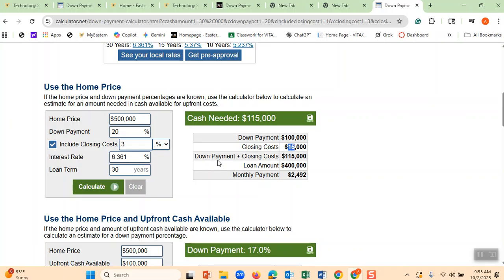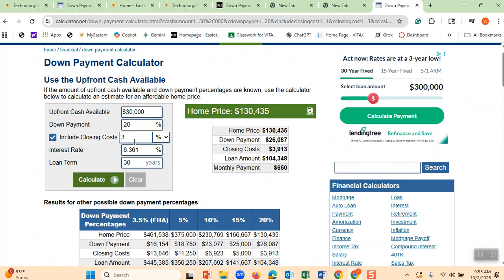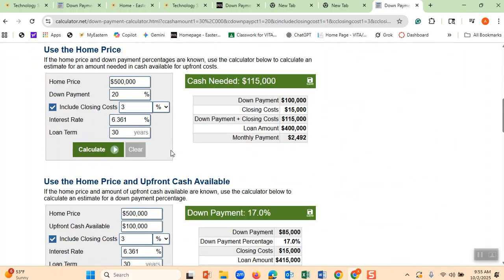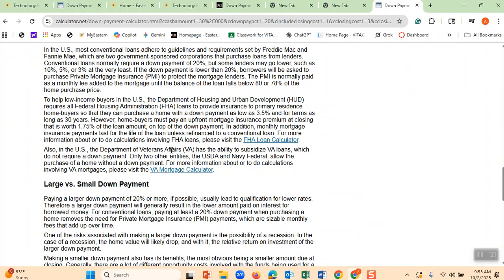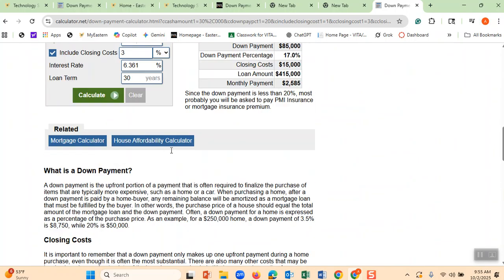Therefore, in this case, it is a little different, in that the agent will come and tell you that you have to come up with $115,000 of cash. This is a little bit the reverse of that. Do you know why? Because the home price is here. If you look at this one, you have cash up front available. I want you to think about these different scenarios, but it's great to understand how these work.